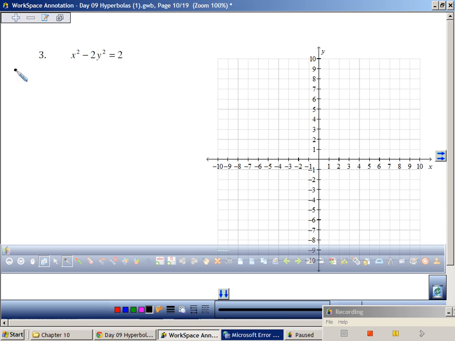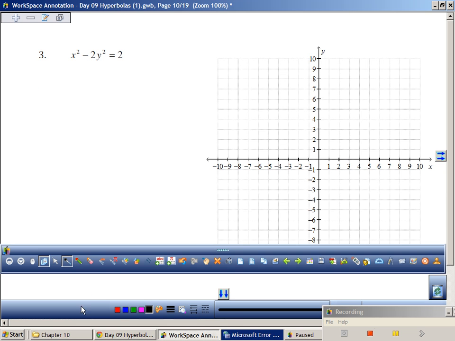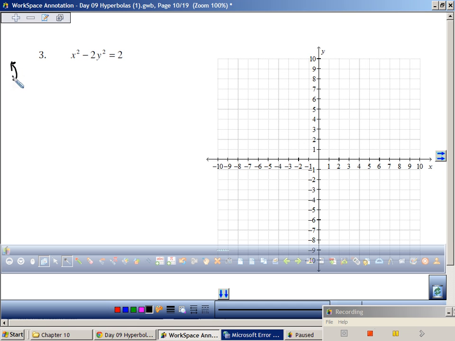First of all, it says it's this way. Since the X is first, it looks like this. Okay, what else?